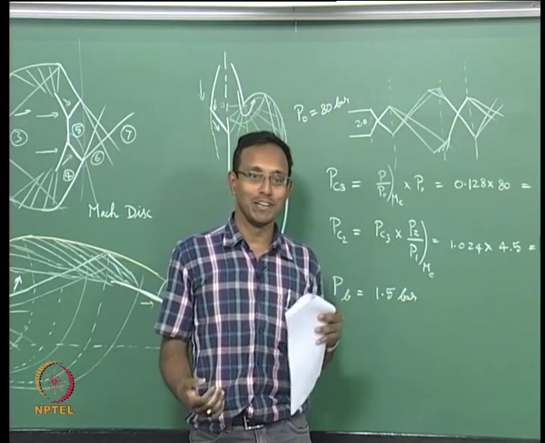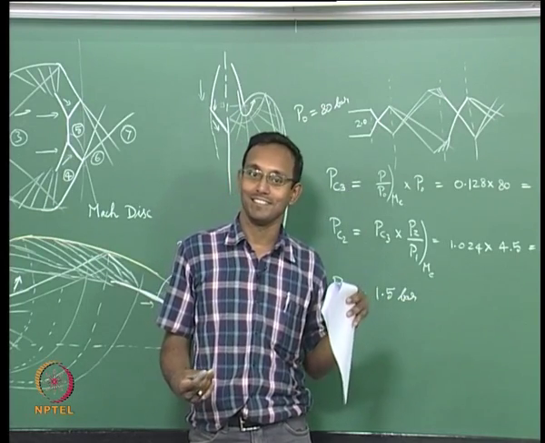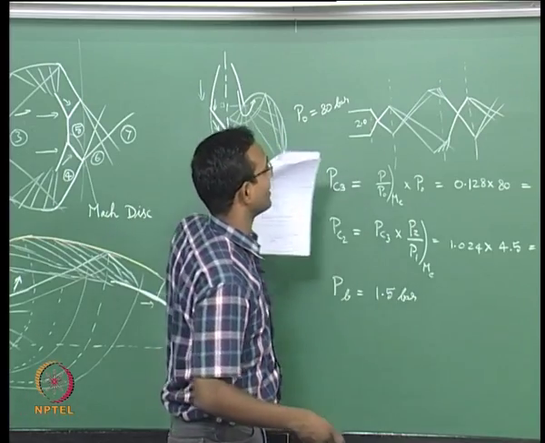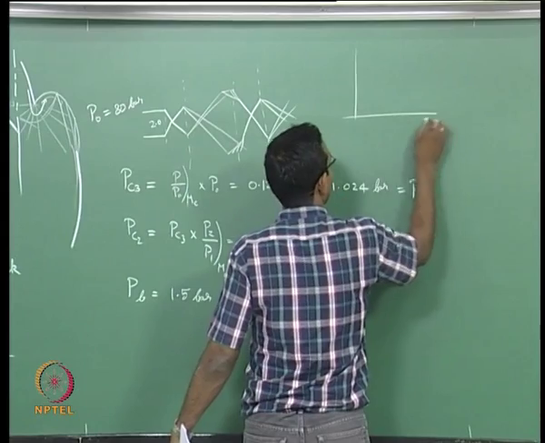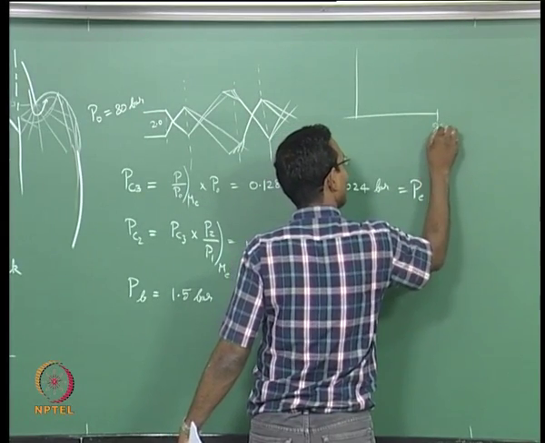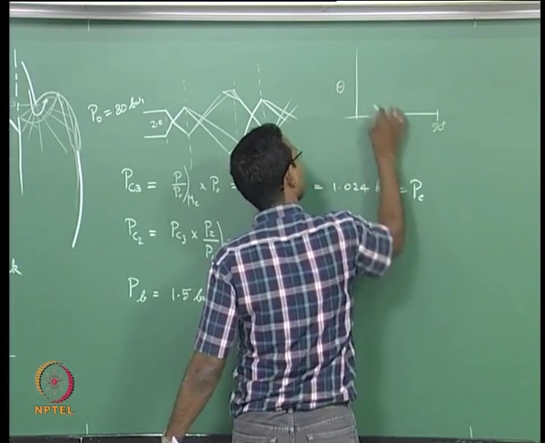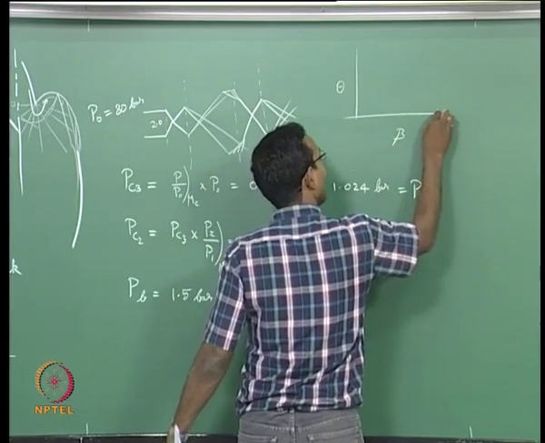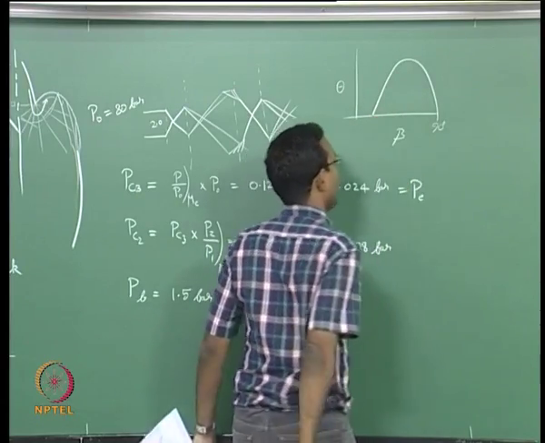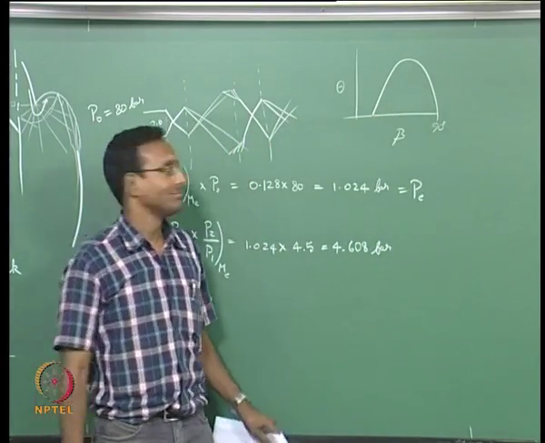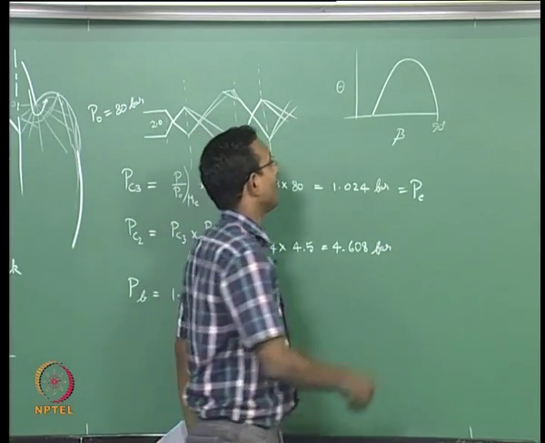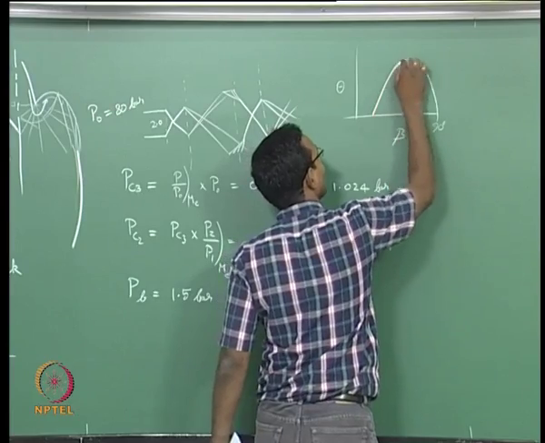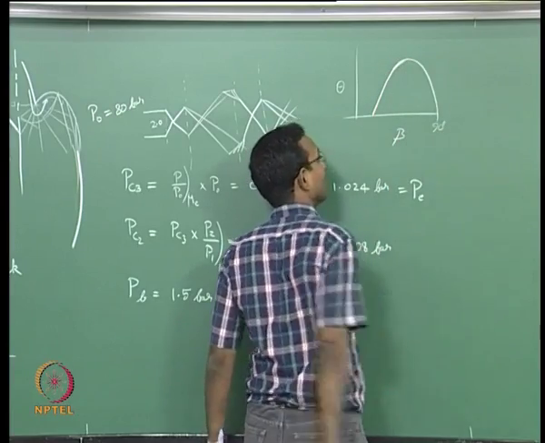You have to remember your oblique shocks now suddenly. So what I have to think about is this. I will draw this picture and suddenly you will know the answer. What will be my beta values? Weak part of this is one thing, but what beta values can I choose?